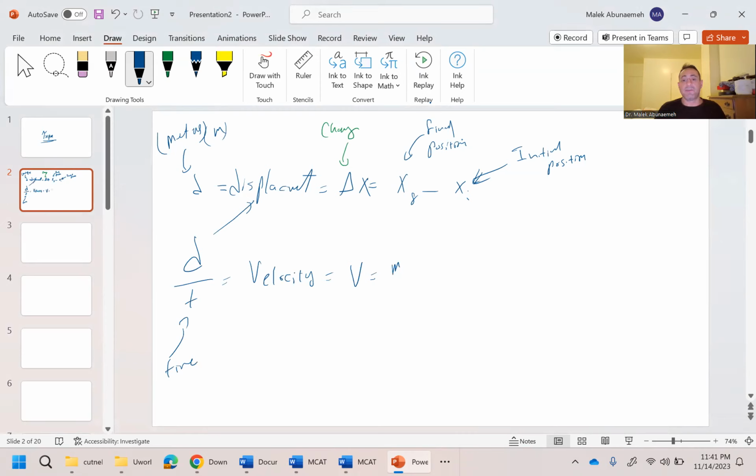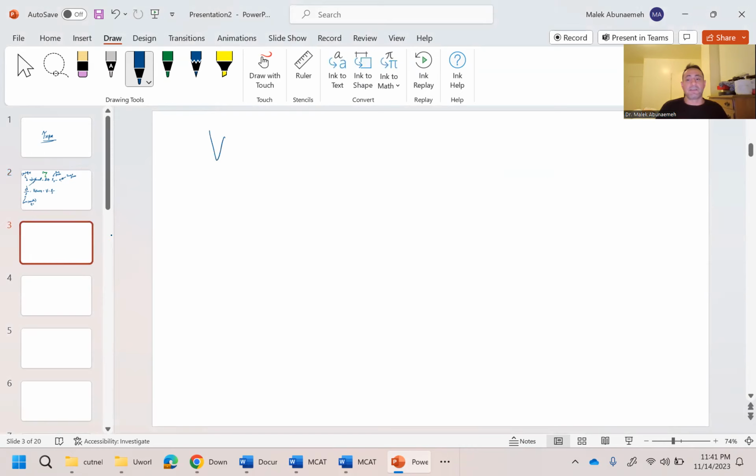Most common is meters for your distance, and your time is going to be in seconds, which you give the letter S. So meters per second.